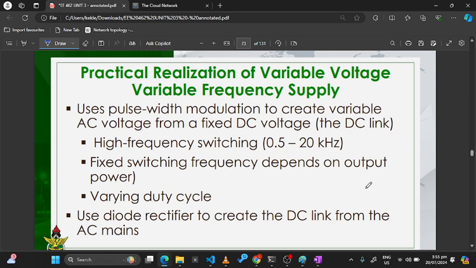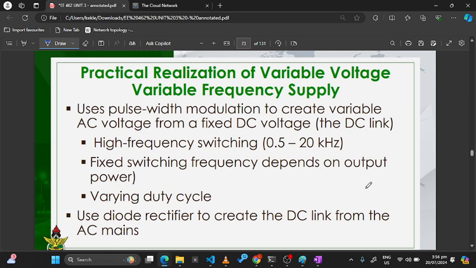Okay, so practical realization of variable voltage, variable frequency supply. It uses pulse width modulation to create variable AC voltage from a fixed DC voltage.